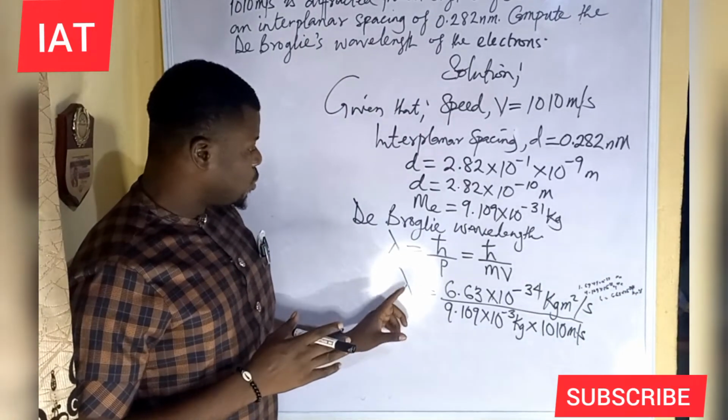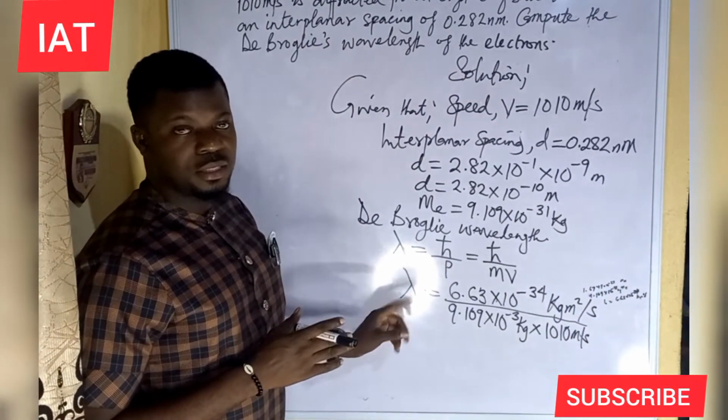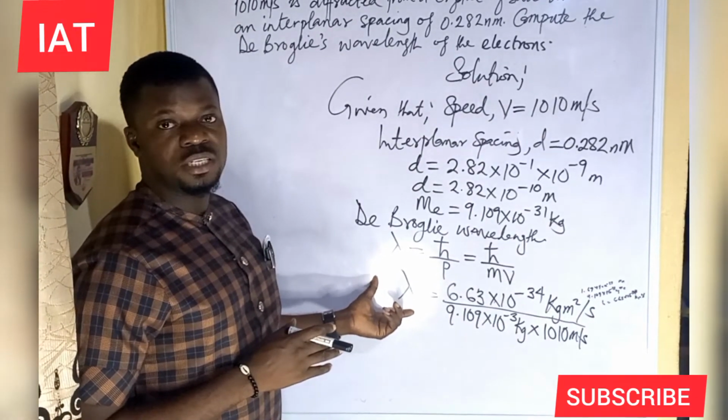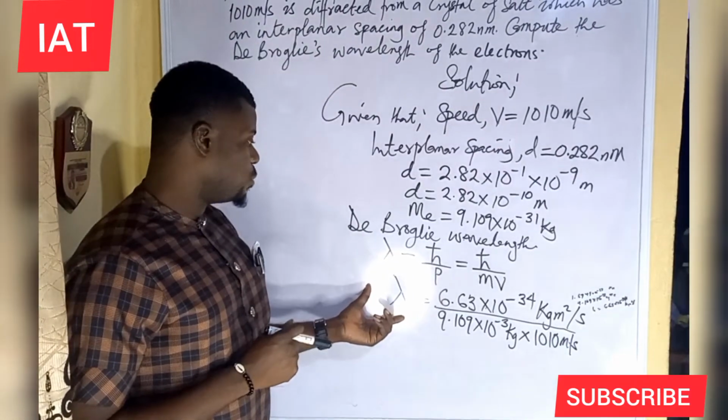So the unit for this wavelength is meters. We have a relationship between wavelength, velocity, and frequency when you're talking about waves.